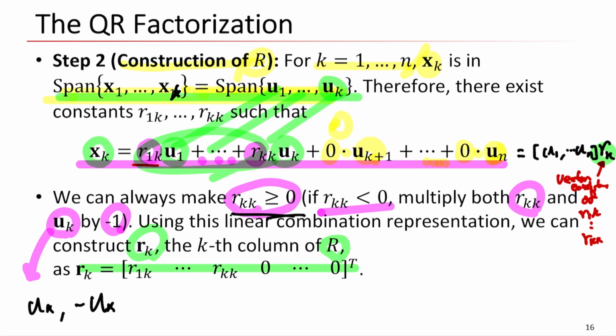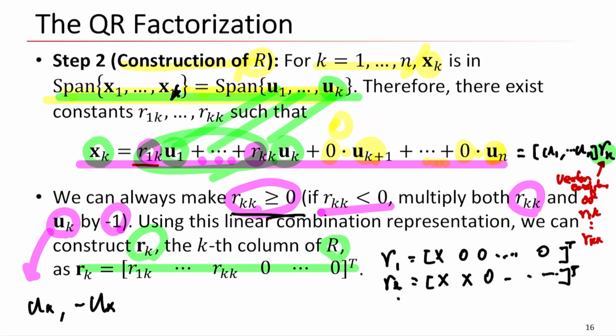So in other words, r1 should be a non-zero value here, but zero everywhere else. r2 should be like this. rk has entries up to k, then 0, 0, right?